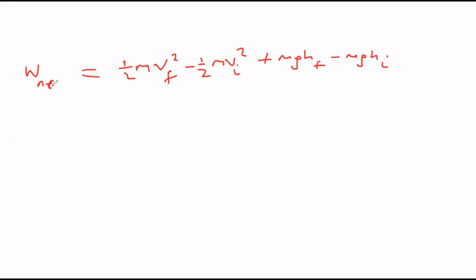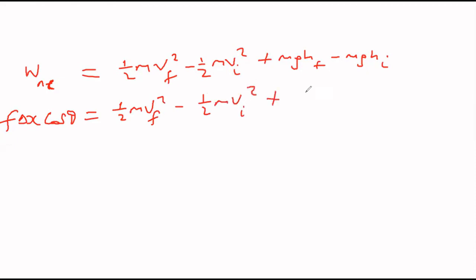So the work done by the non-conservative force is the friction times the displacement, times cos of theta, which is the same as half mv final squared minus half mv initial squared. The change in potential energy is 0 because the plane BC is horizontal.